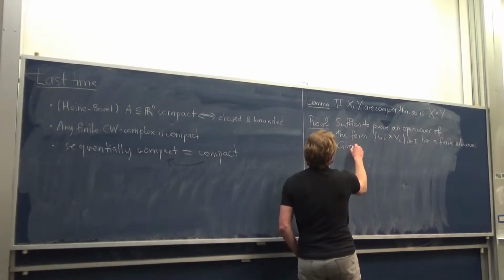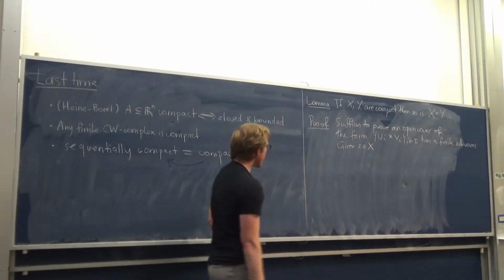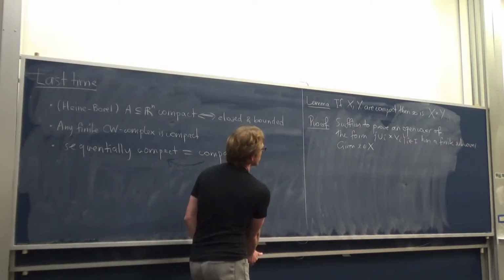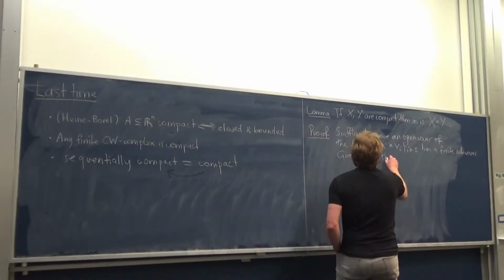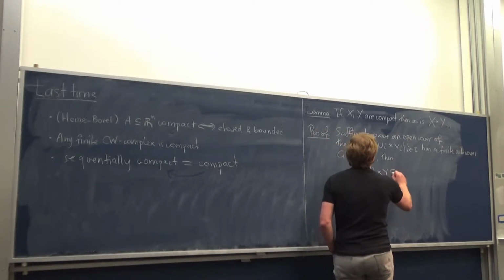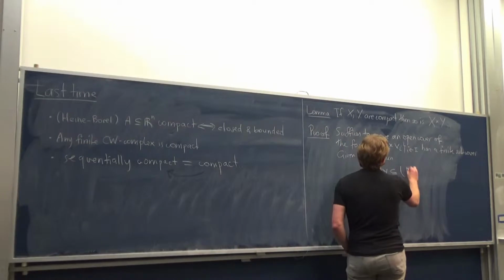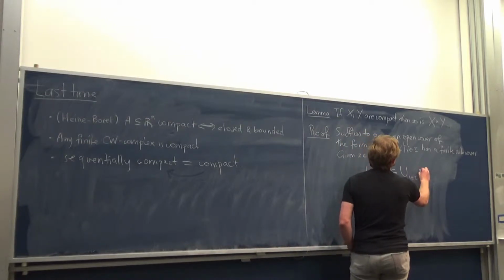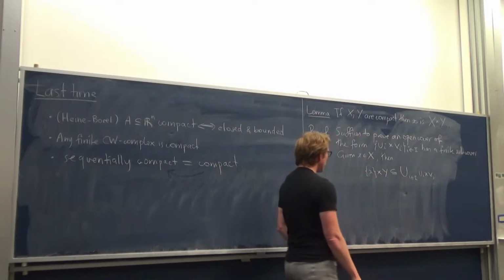So we just pick a point in X. As I said last time, if X is empty, then this is trivial. So just choose any point in X. Well, this is a subset of X cross Y, and therefore a subset of the union of these sets in the cover, because, well, that union is everything.